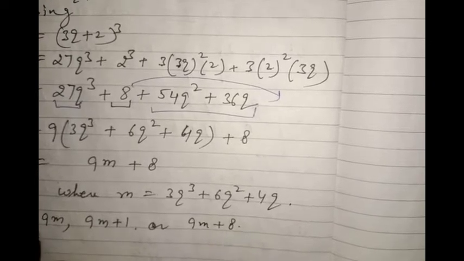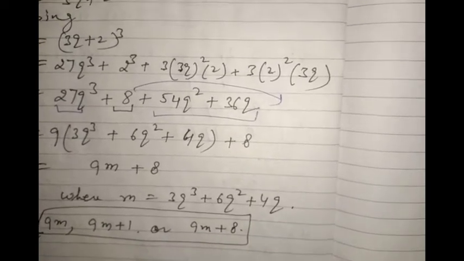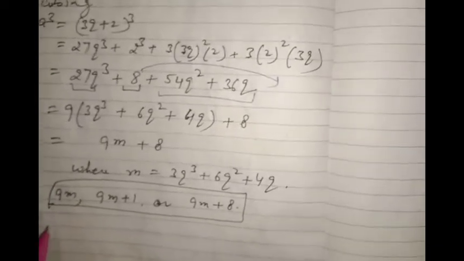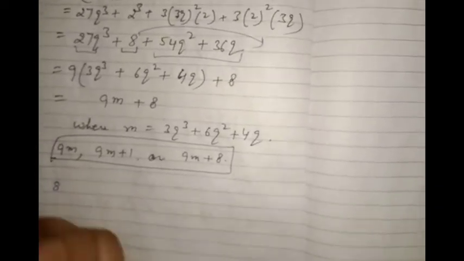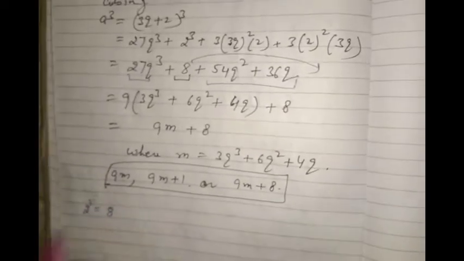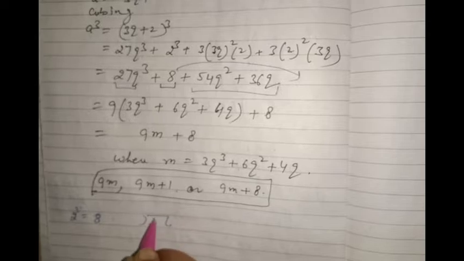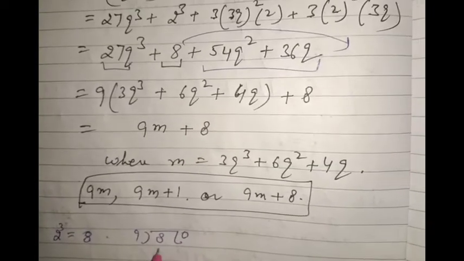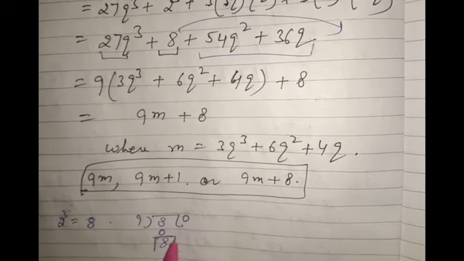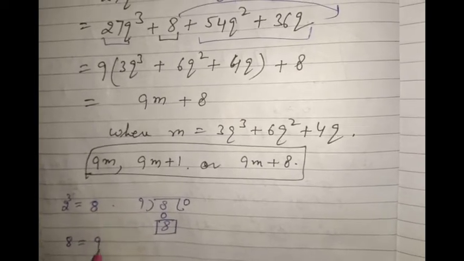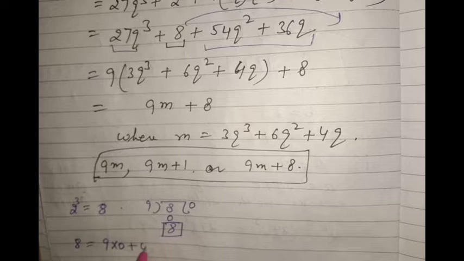Now I am going to give the explanation of it. How? Suppose I am taking 2 cube. 2 cube is 8. If I divide 8 by 9, what is the remainder? 8. It means 8 can be written as 9 into 0 plus 8.